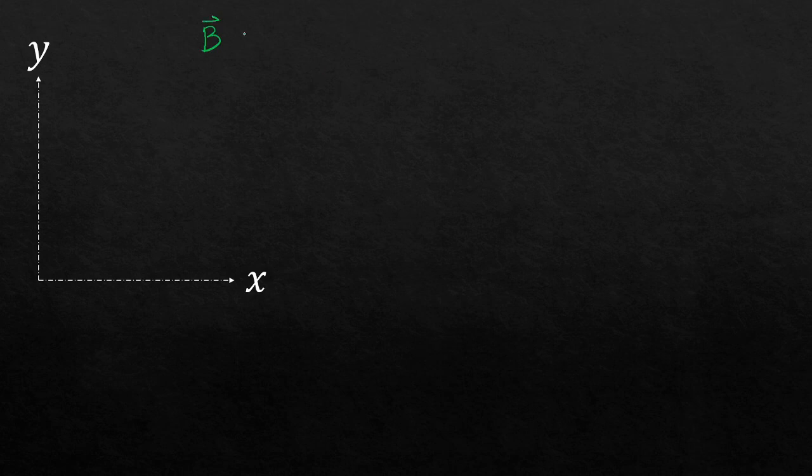Well, suppose we have again here vector B, and let's say vector B is 3 X hat plus 4 Y hat, which is in meters. Okay, and we want to convert this into the Cartesian coordinate form of vectors.